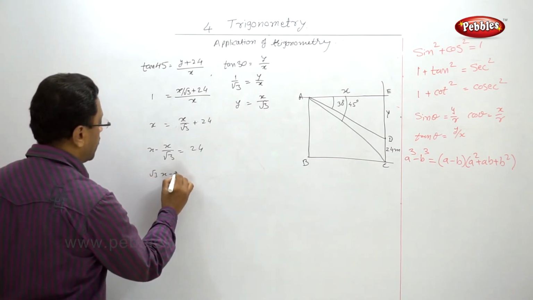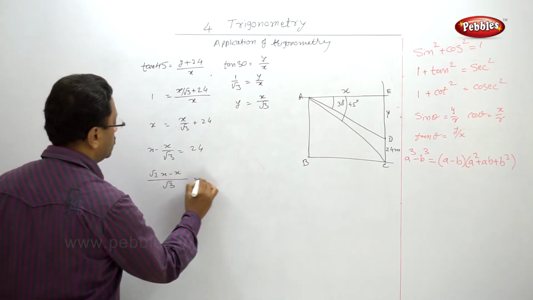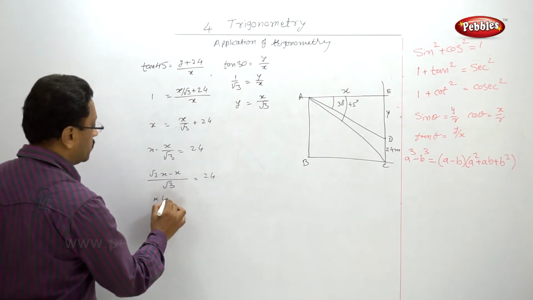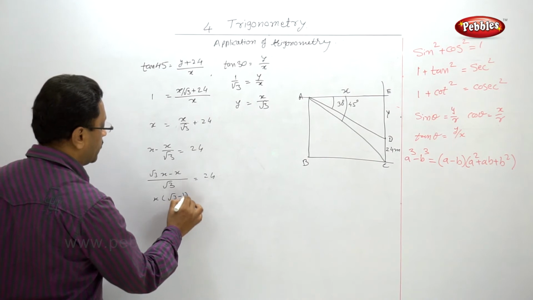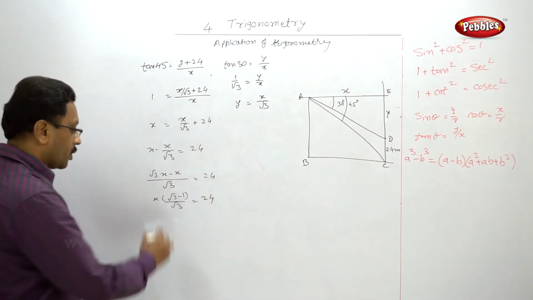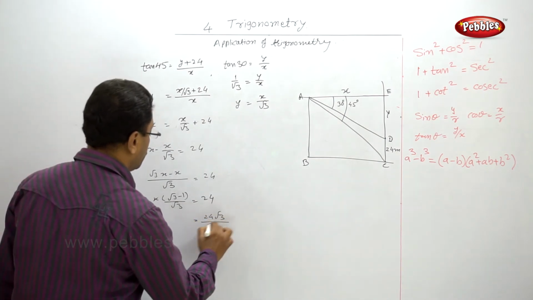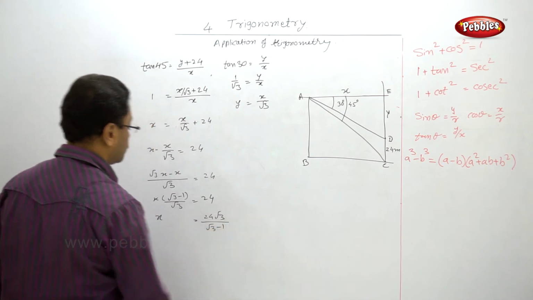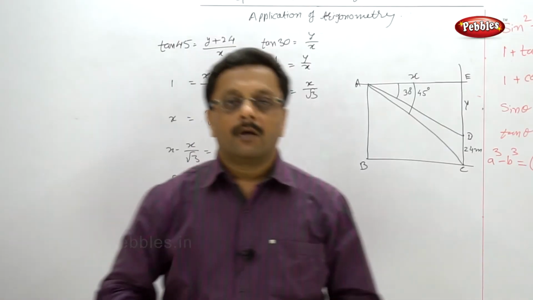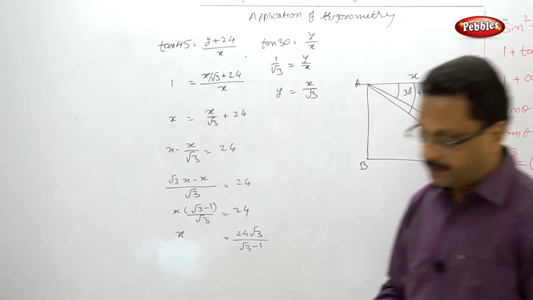So I got x is common, root 3 minus 1 upon root 3 is equal to 24. So my x will be equal to 24 root 3 upon root 3 minus 1. The value of root 3 is given 1.73. So please pause your video and find out the final answer in meters.